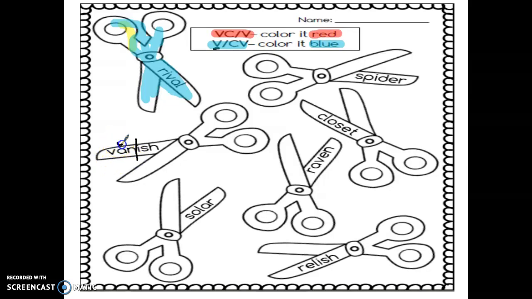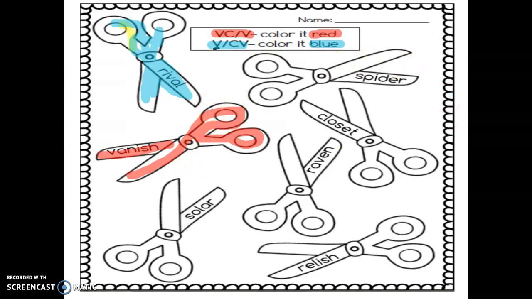And in this case, since our syllable pattern is vowel consonant, before we break the word apart, we know the vowel's going to make its short sound. So when I try sounding this out with short A, vanish, that sounds like a word. That makes sense. So in that example, we have the vowel consonant pattern where the word is broken right after the consonant.